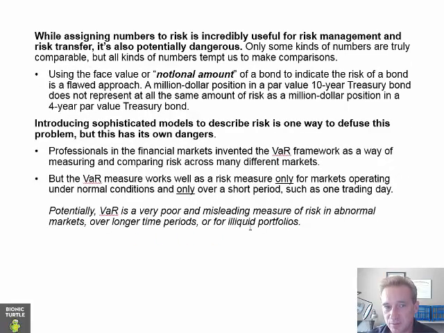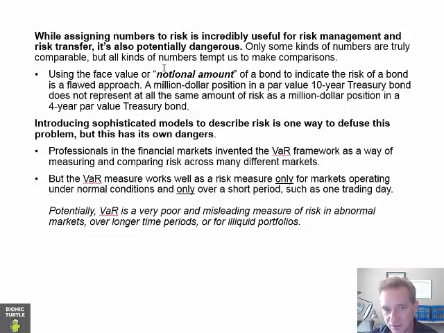While assigning numbers to risk is incredibly useful, it's also dangerous. Only some kinds of numbers are truly comparable, but all kinds of numbers tempt us to make comparisons. So I think this is a really interesting, relevant point: just because we've quantified different risk types, the numbers themselves make us think that we can compare them, but that's not always the case.